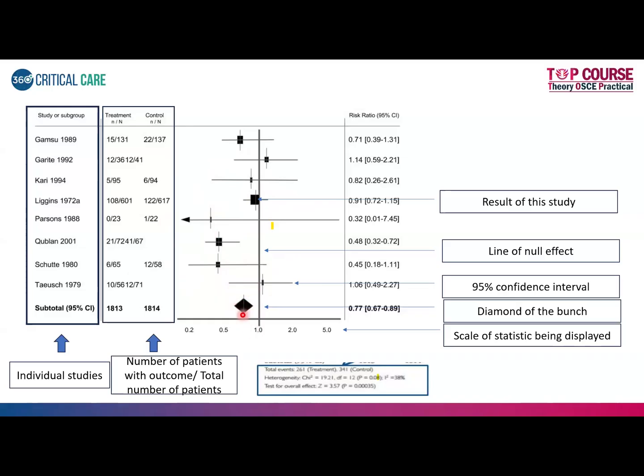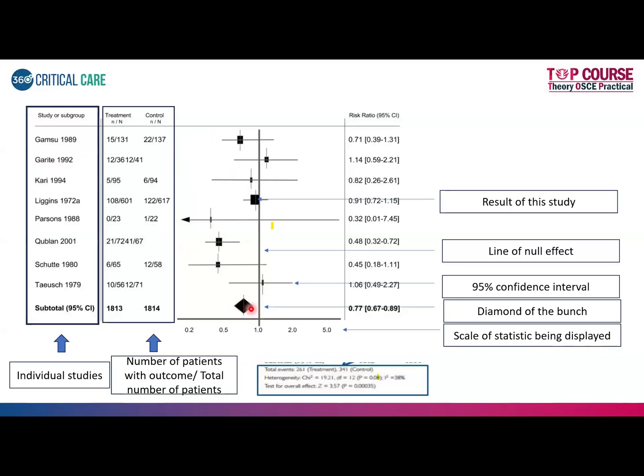The diamond is given below, and this depicts the interpretation of all the studies. So in this particular example, you have it on this side, whether it is favoring or not favoring. This is what the diamond suggests.